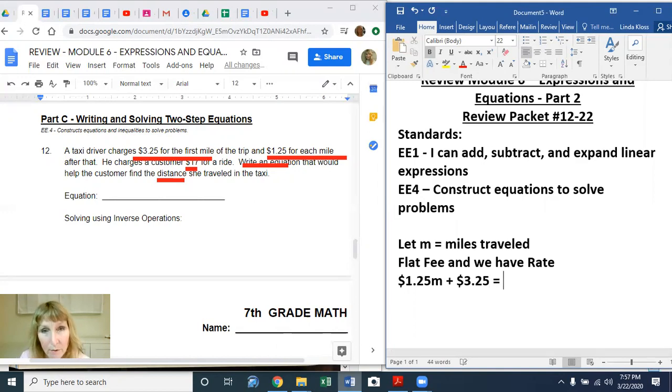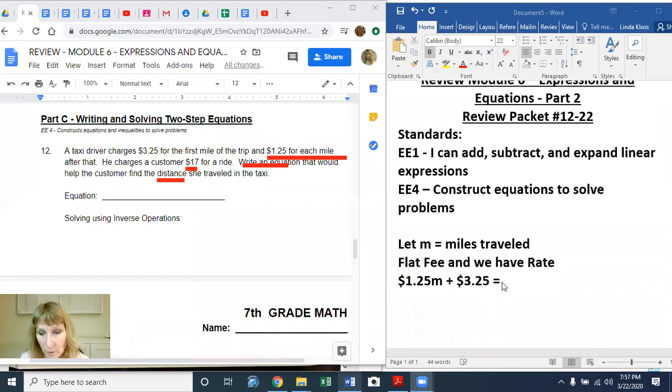Now, we're not quite done with our equation yet. We have to have something on the other side of the equals. Now, it gives us one more number in the problem. It's kind of hard to see with my lines underneath it, so I think I'll erase this one so we can see it better. And this number here is the total the customer paid. So this equation over here represents how to find the total based on however many miles she's driving in the taxi.